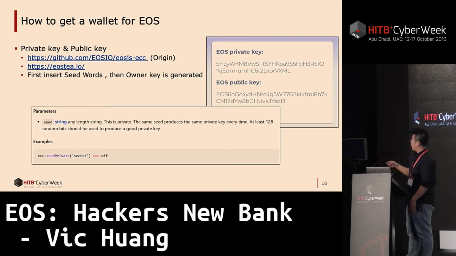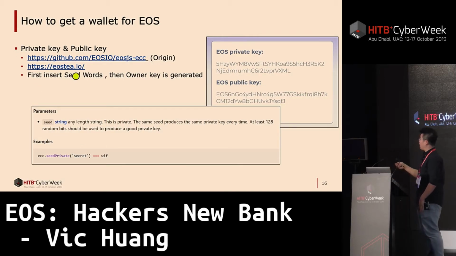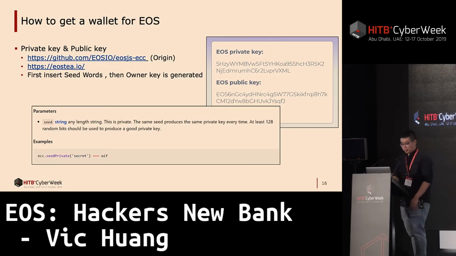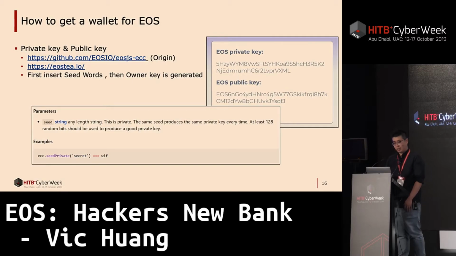But before we explain the rainbow table attack, we are going to discuss how to get a wallet for EOS. There's EOS.js-ECC, the original generator released by the official company.